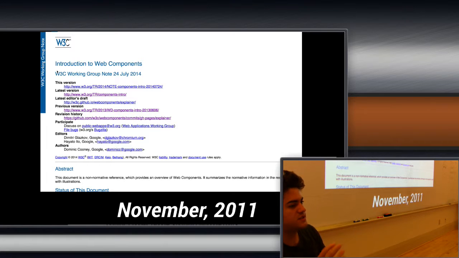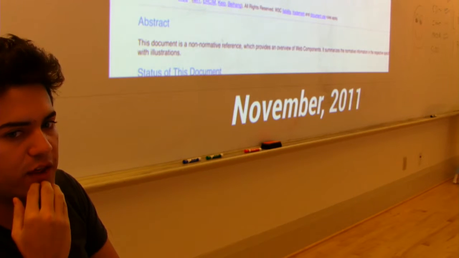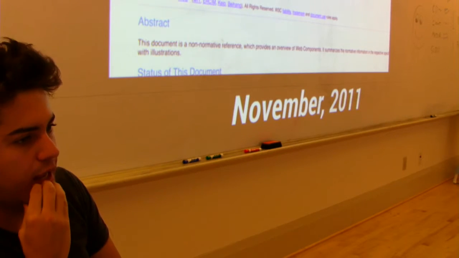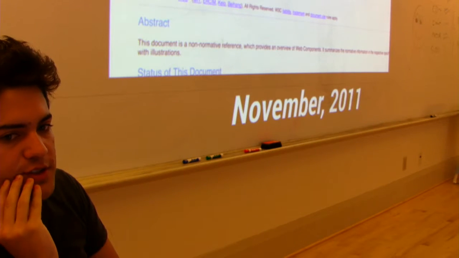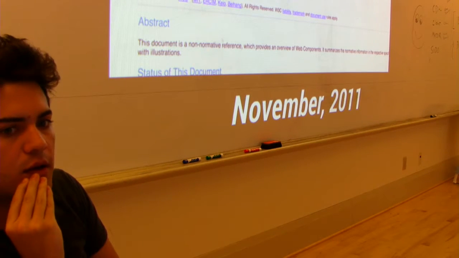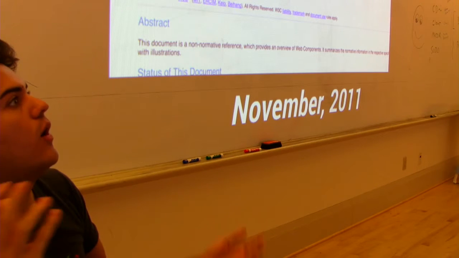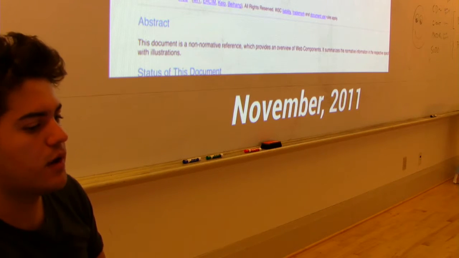This whole process takes a lot of time. Standardizing something on the web takes a lot of time. I don't know if you guys remember, but when HTML5 came out, everybody was saying, hey, this is going to be ready in 2020. And everybody was like, whoa, this is impossible.